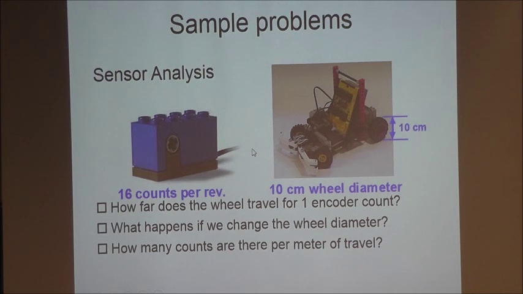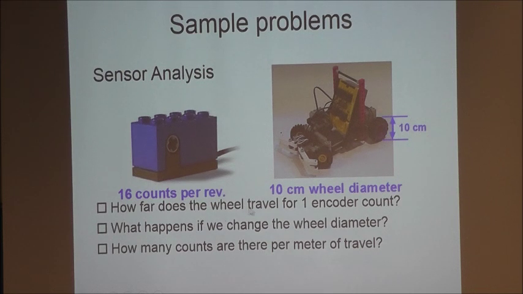So, for example, let's look at a bit of sensor analysis. Suppose that we have an encoder which has 16 counts per revolution, and suppose you have a robot which has a wheel diameter of 10 centimeters like this.